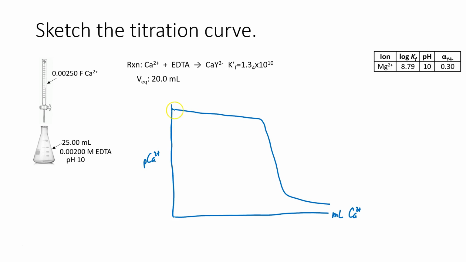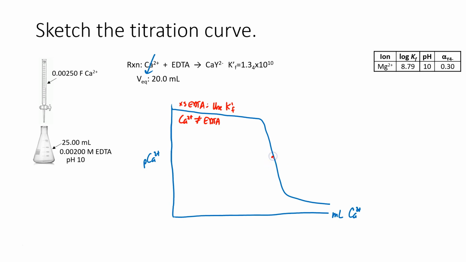So before the equivalence volume, every time you add calcium, it gets bound. So here you would have excess EDTA, and yes, you would have to use K prime f, but this again is where calcium would not be equal to the EDTA.